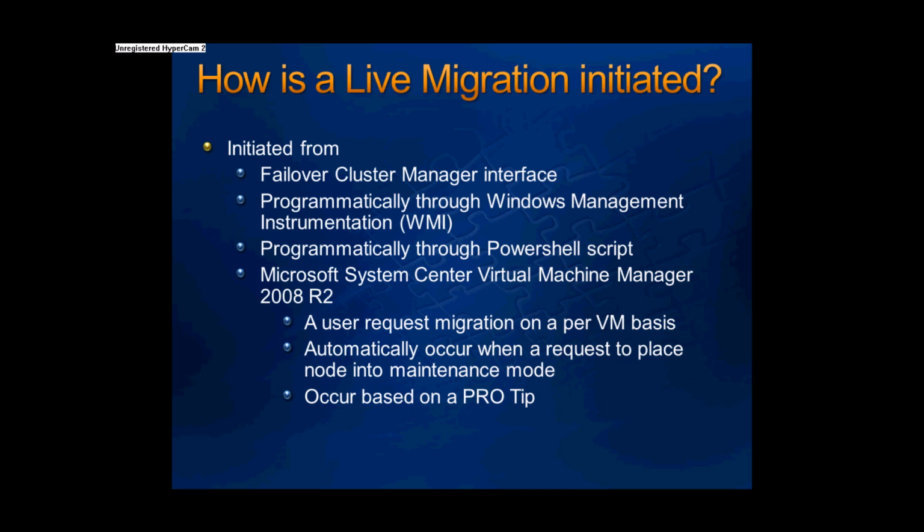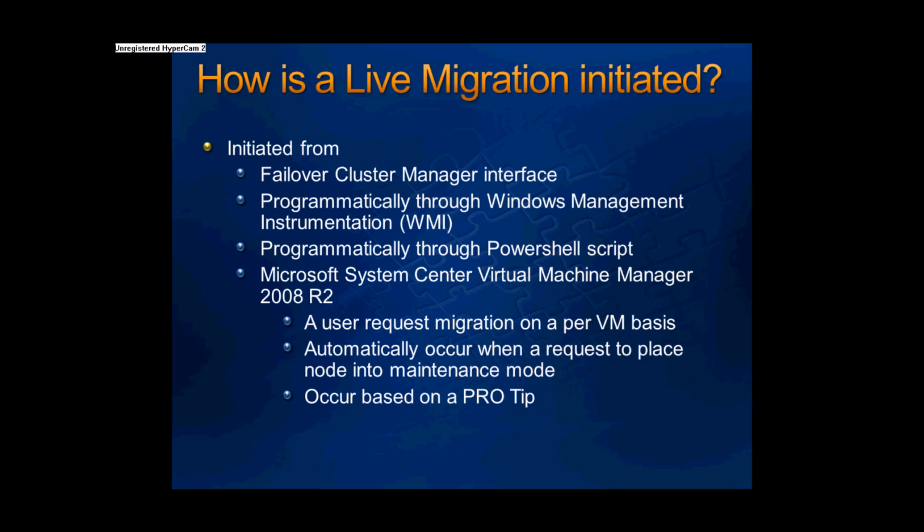Now we are going to look into how you initiate live migration. There are several ways of doing it. First and foremost, you can use the failover cluster snap-in, which is available once you install failover cluster on each of the nodes. So you can use any of the nodes to initiate live migration by using this tool.